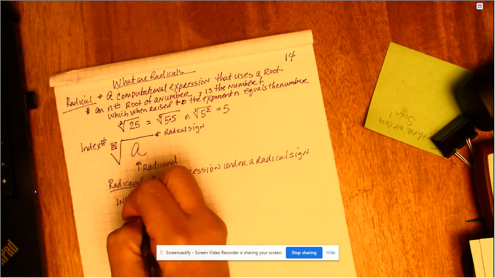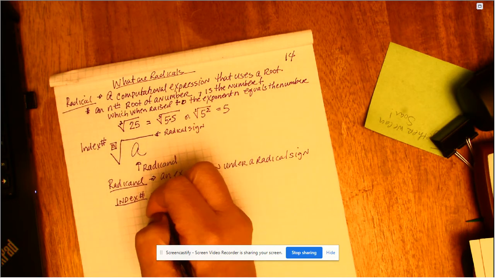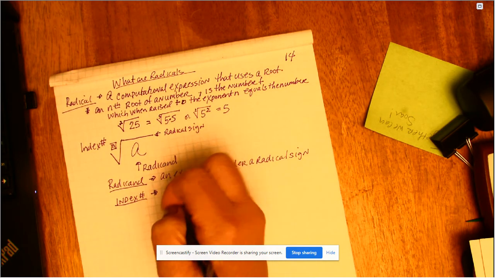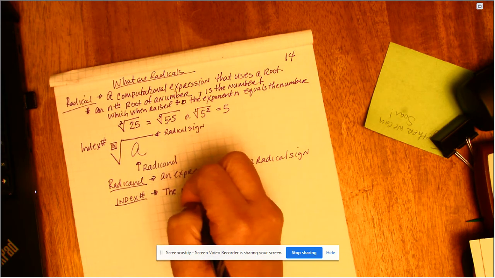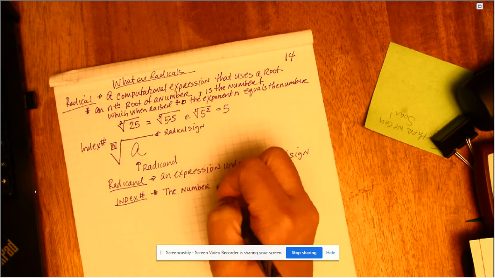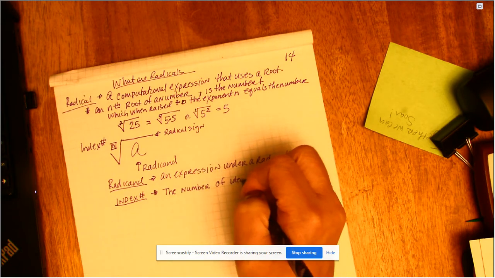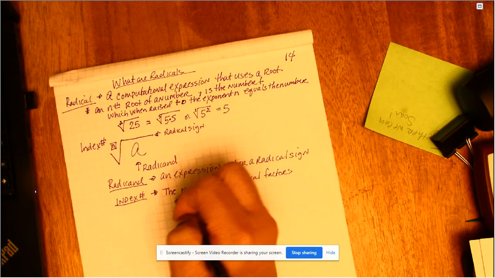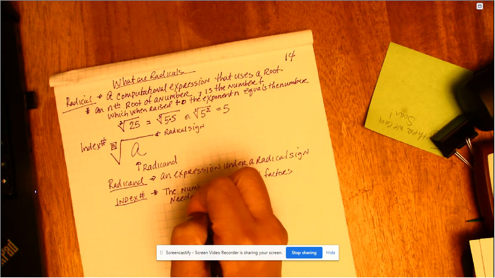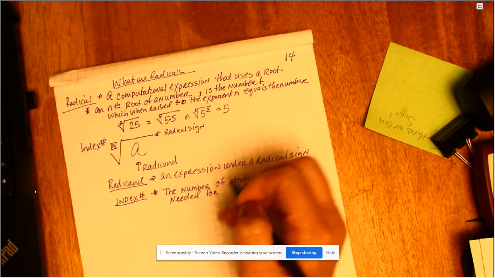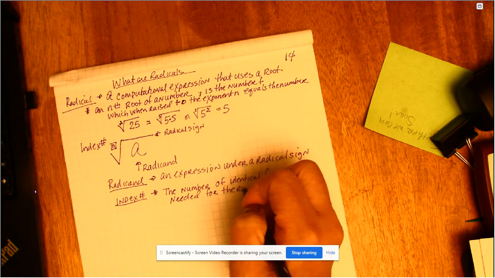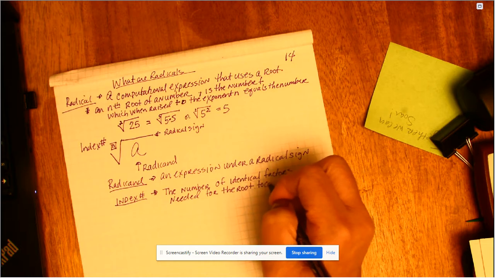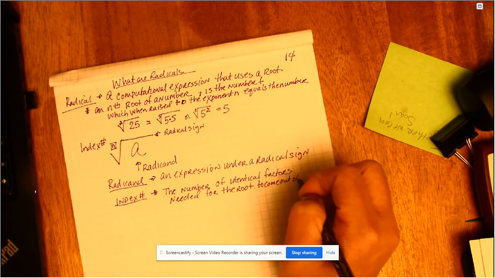And the index number tells us the number of identical factors needed for the root to come out of the radical sign.